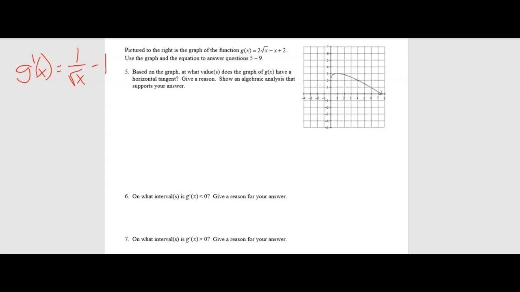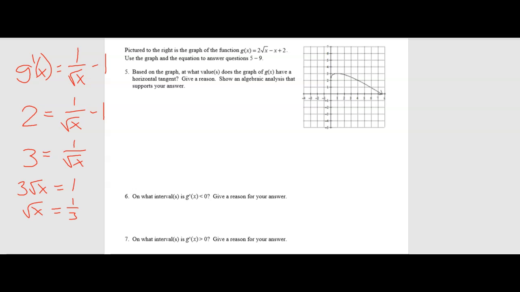Well, the slope of the tangent line is the value of the derivative. So we just need to figure out where g prime is equal to 2. So we substitute in 2 for g prime and solve for x. So I add 1 to both sides, multiply both sides by the square root of x, divide both sides by 3, and square both sides.